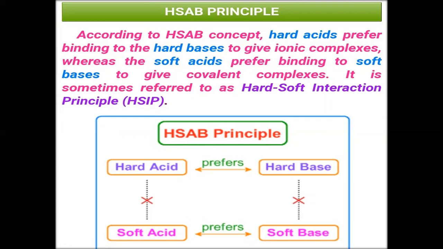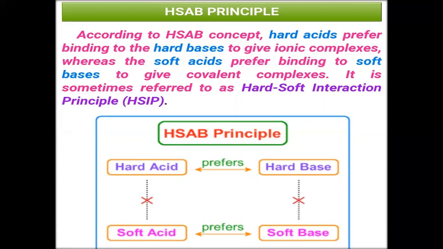They have large size, low positive charge, zero oxidation state, and are highly polarizable. Their outer electrons are easily distorted. These combine with large size and highly polarizable ligands. These form stable complexes with ligands where the donor atom is the second element of each group in the periodic table.